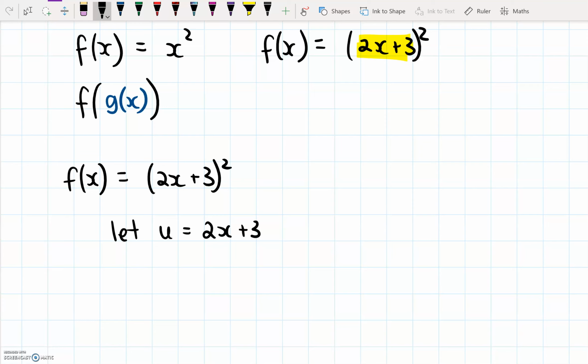So we're going to say let u equal 2x + 3, and 2x + 3 is just what's inside the bracket. This is going to be u. So now instead of having a function in terms of x, we have a function in terms of u, which is just going to be now u squared. So this is now our function in terms of u.